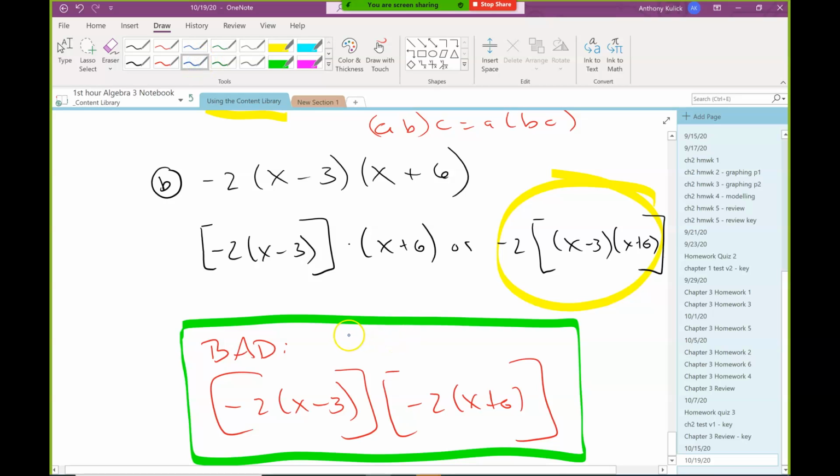This would be equivalent to saying if you had 2 times 3 times 5, saying, oh, what I do is I do 2 times 3, and then I do 2 times 5, and then I multiply those together. Right? Like you wouldn't do that. You just do 2 times 3 is 6, and then 6 times 5 is 30.